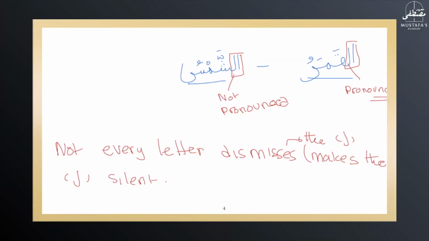So that's sign number one. You have the alif and lam. Where does it occur? It occurs at the beginning. Let's use some examples from the Quran.